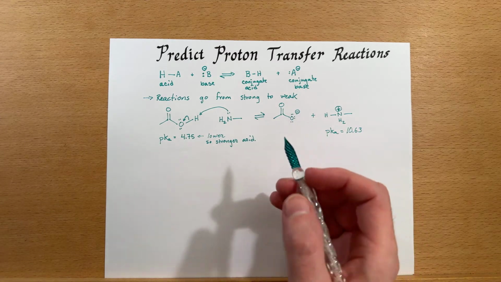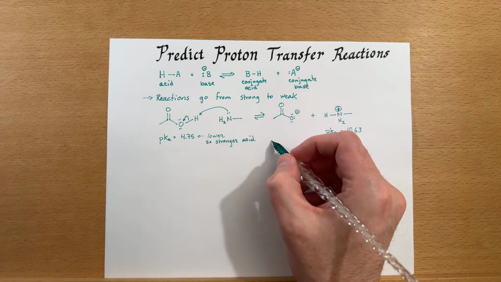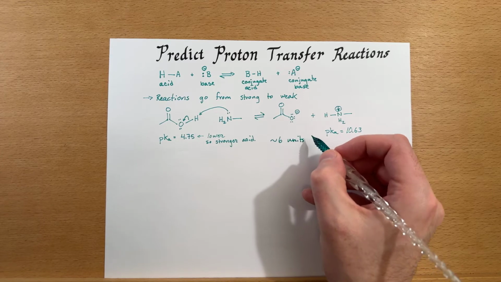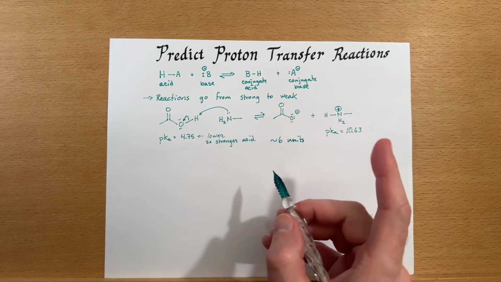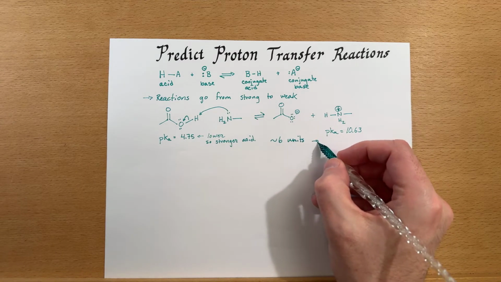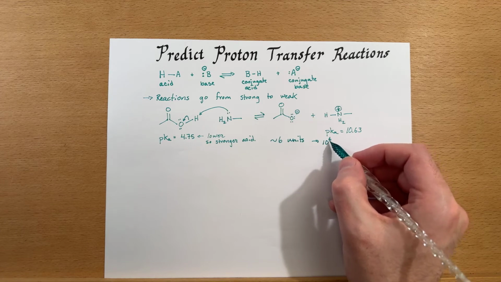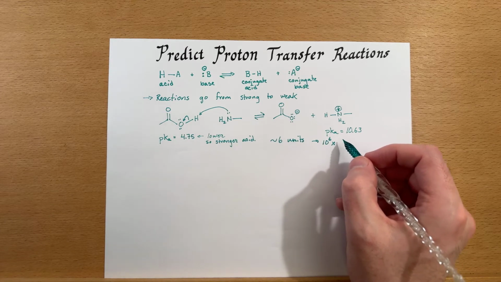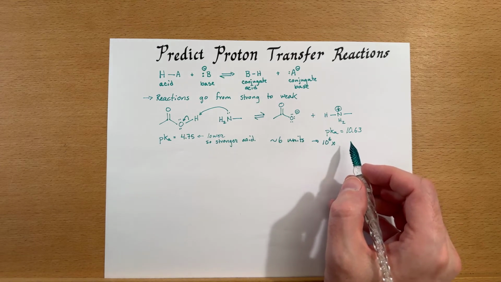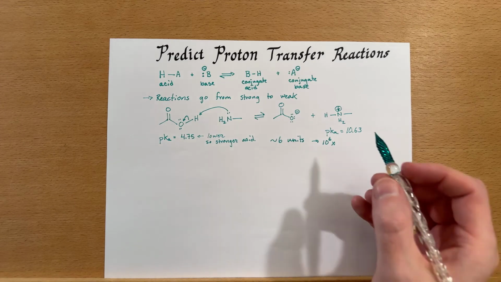It's close to 6 units apart. Which, because this is a logarithmic scale, translates into around 10 to the 6th. It's a little bit less, but it's close. So we'll have 10 to the 6 times more product than starting material, which is around 1 million times.